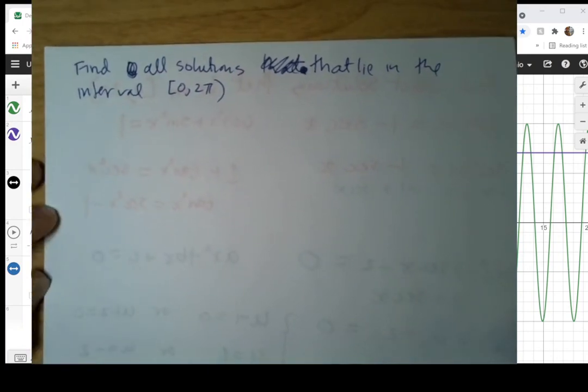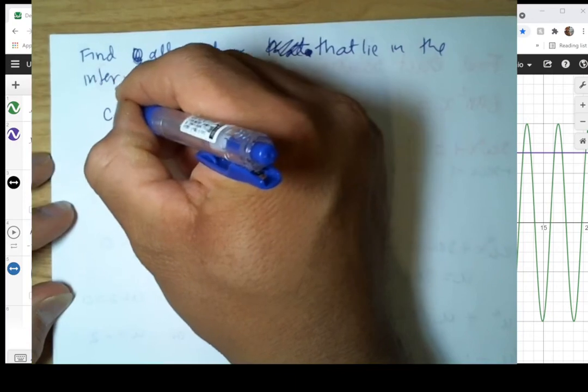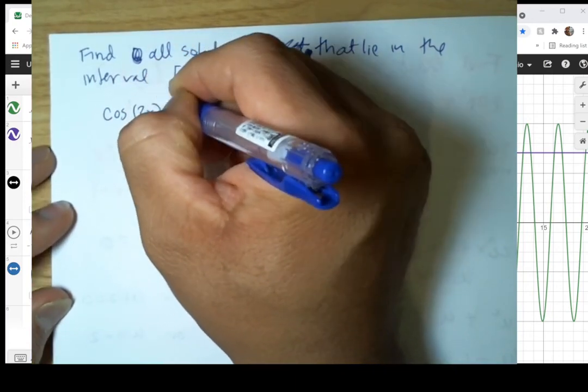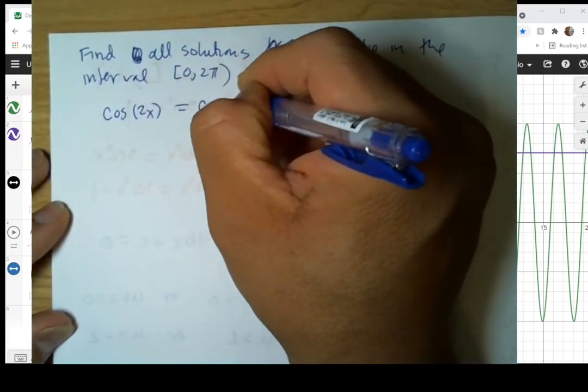All right, and our equation here is going to be cosine of 2x equals cosine of x.